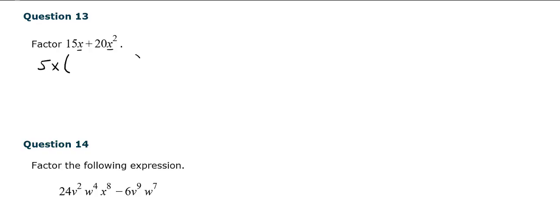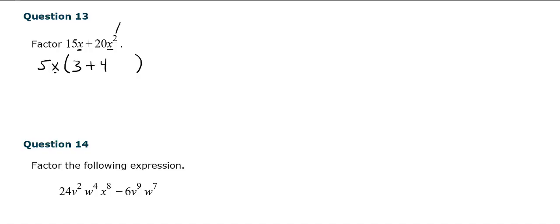So we put that on the outside of our parentheses, and we're going to divide 5x out of each term. So 15 divided by 5 is 3. I had 1x, and I took 1x out, so I don't have any x's left. So next I come to the positive 20 divided by 5, and that gives me positive 4.